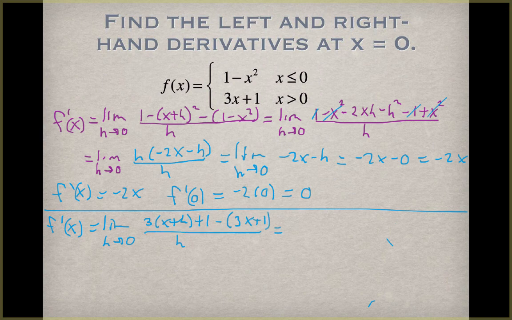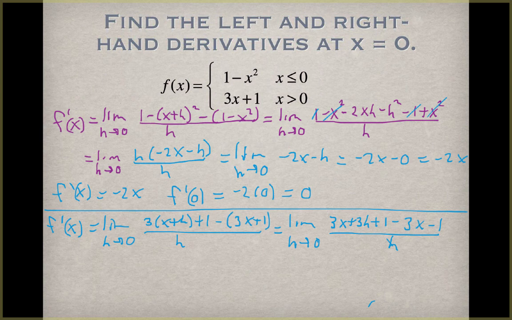And this equals the limit as h approaches 0 of 3x plus 3h plus 1 minus 3x minus 1 all over h.